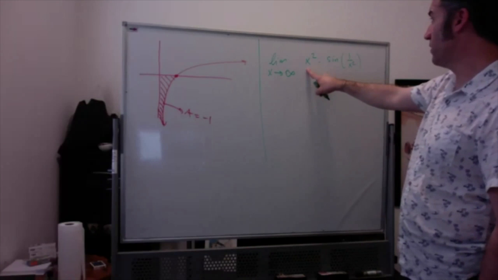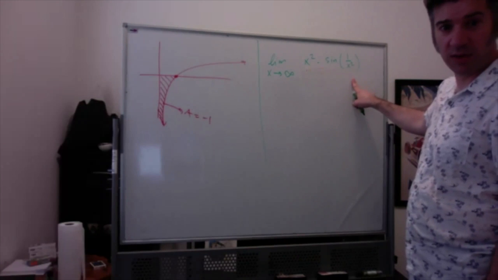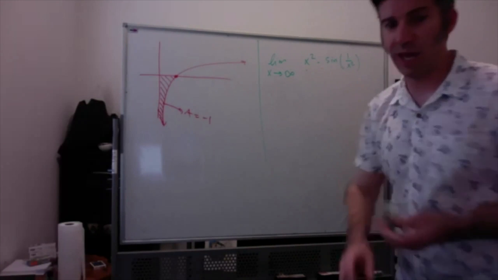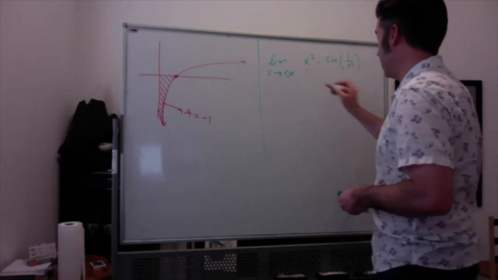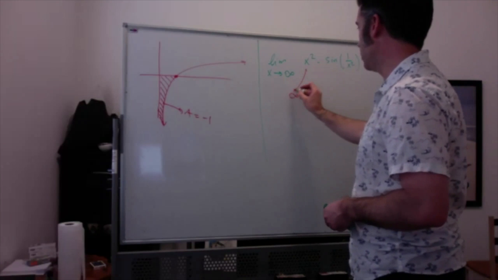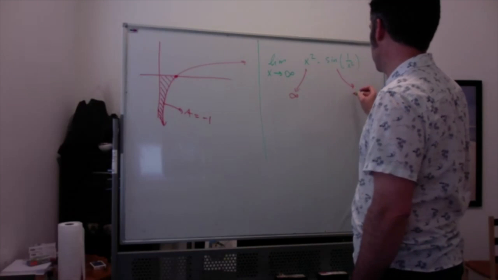This part's going to infinity, this part's going to 0. So again, I have an infinity times a 0.